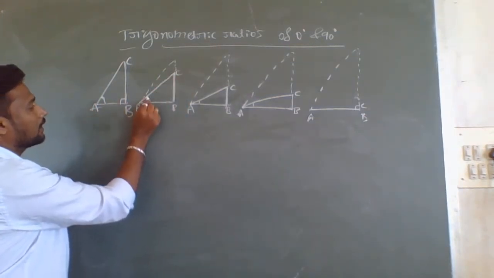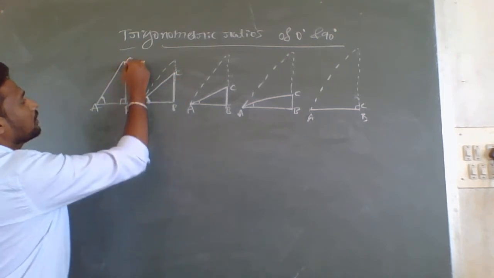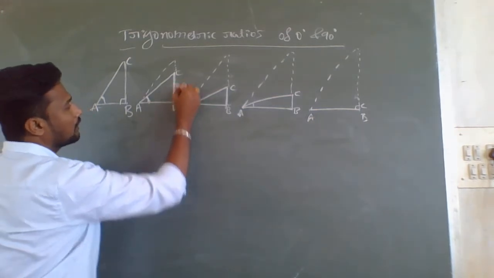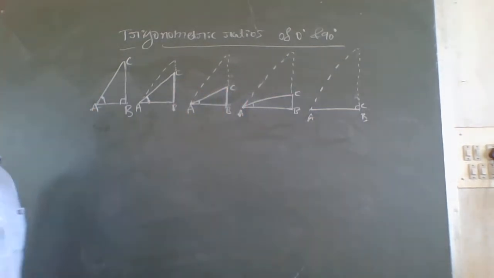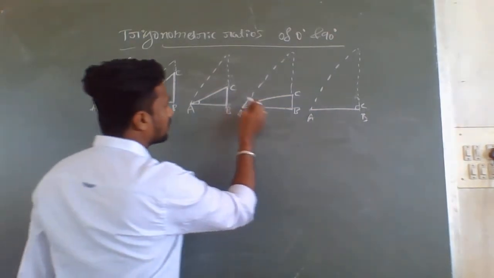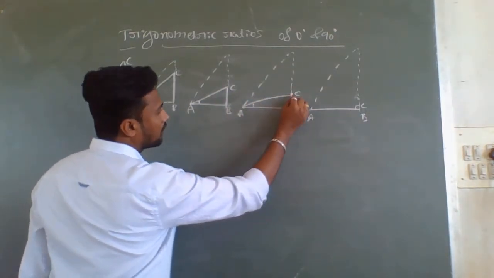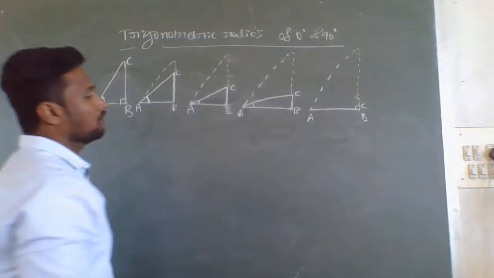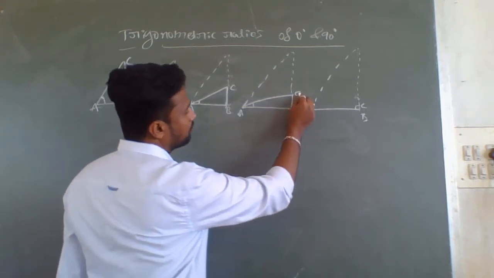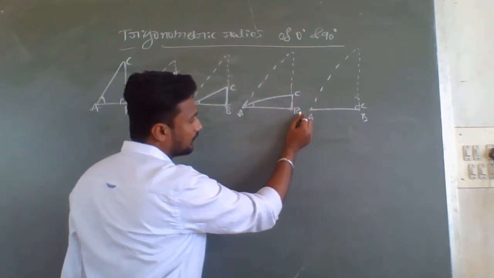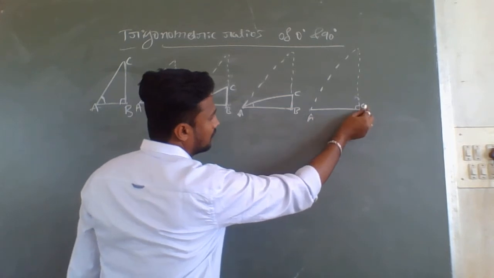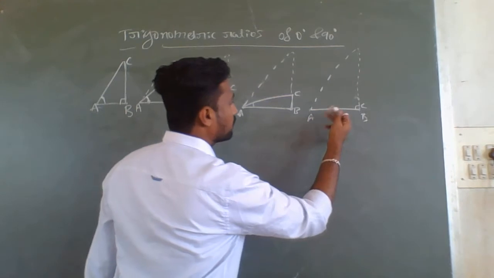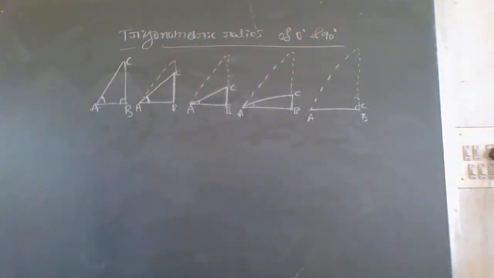Again we reduce the angle A so that length of this side BC becomes less. So when this point C becomes very near to point B, angle A becomes very near to 0 degree.